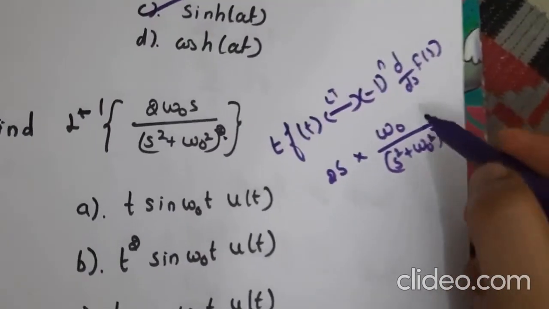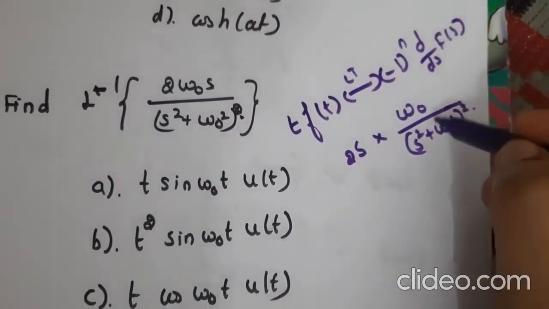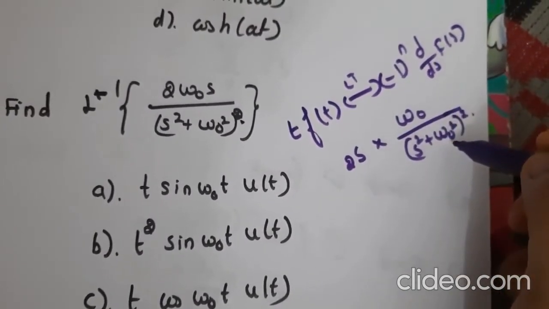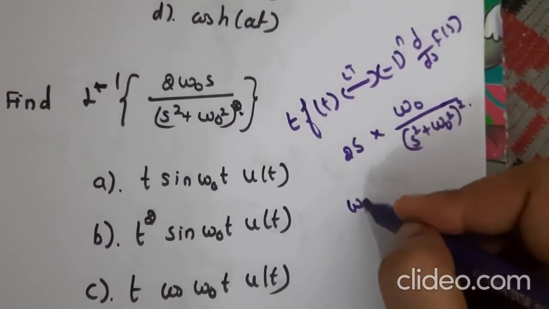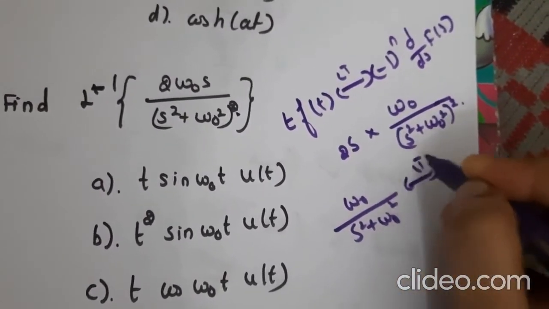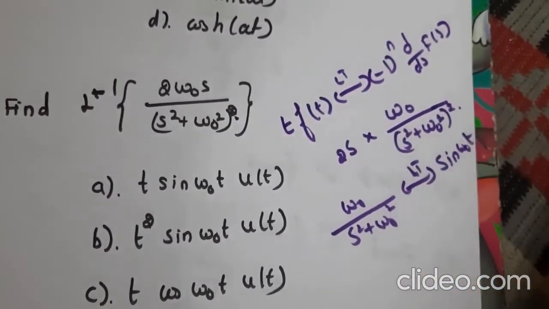Now you consider this term alone without the square, and this is the term of sin omega naught t, that is omega naught divided by s square plus omega naught square, the Laplace transform of sin omega naught t.